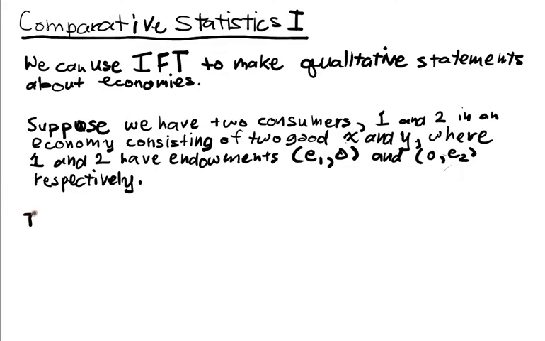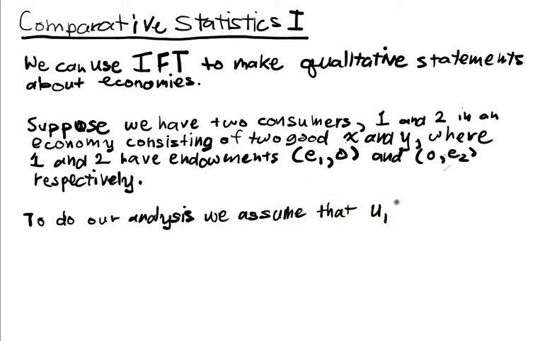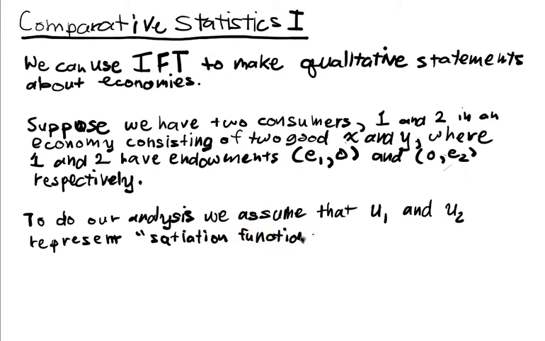So to do analysis, we assume that U1 and U2 represent what we'll call satiation functions for consumer 1 and consumer 2.